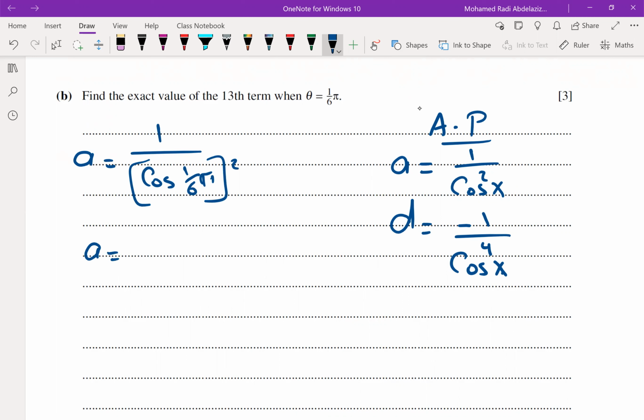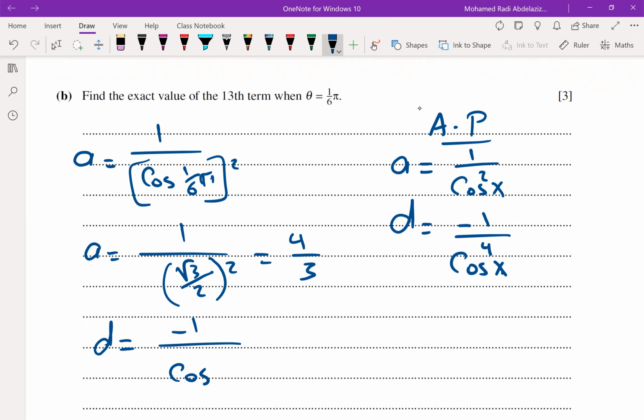To get the exact value, cosine of 1 over 6 pi means cosine 30, which is root 3 divided by 2, the whole squared. Simplified, you will get your answer 4 over 3. In the same way, D is negative 1 over cosine to the power of 4 of 1 over 6 pi.